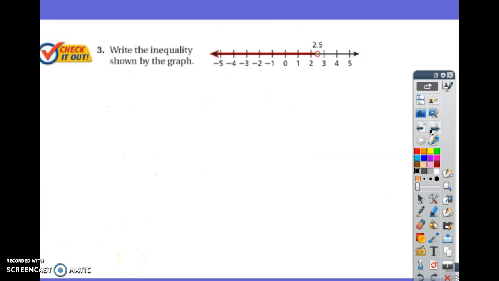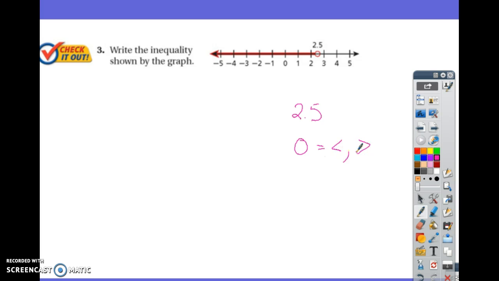Okay? So let's look at something like this. Write the inequality shown by the graph. So here we have an open circle on 2.5. We know it's an open circle, so it's not going to be equal to. It's either going to be less than or greater than.